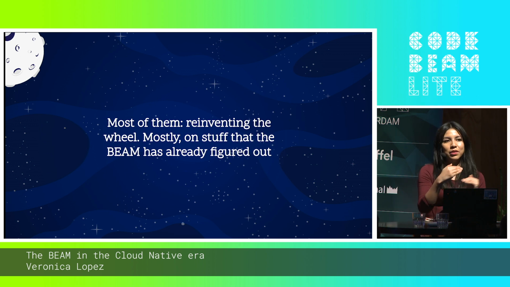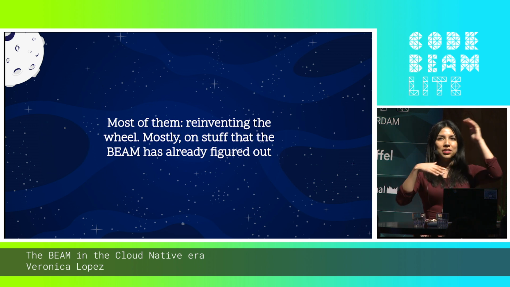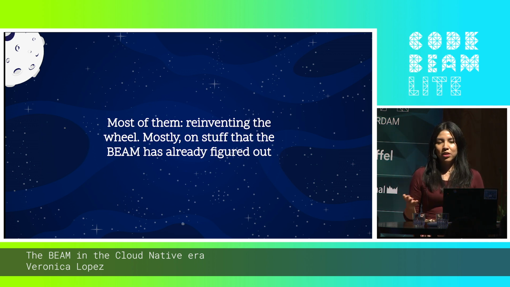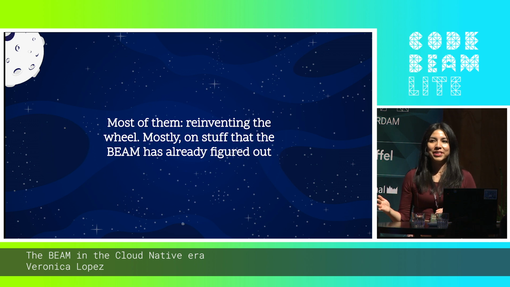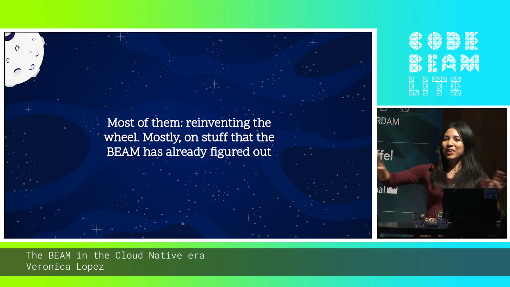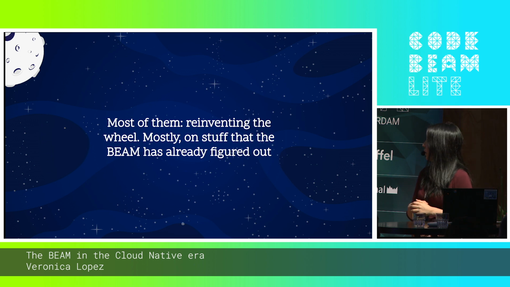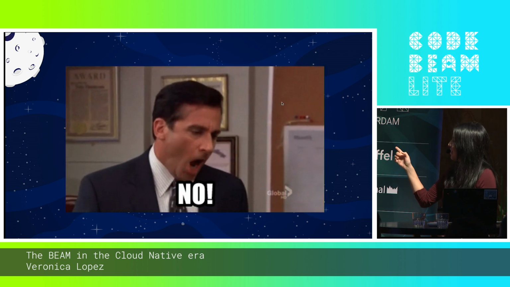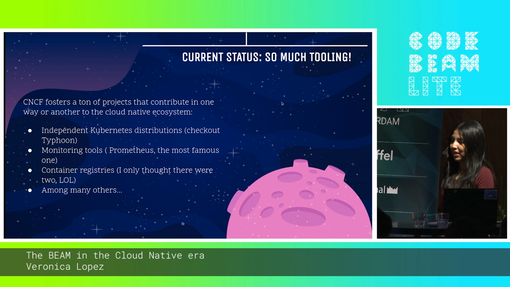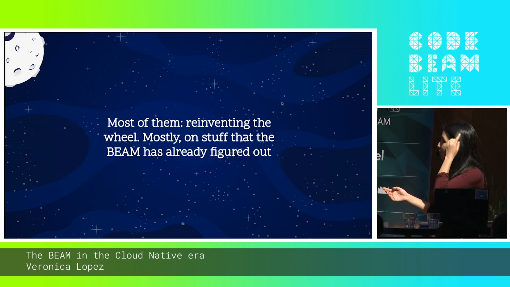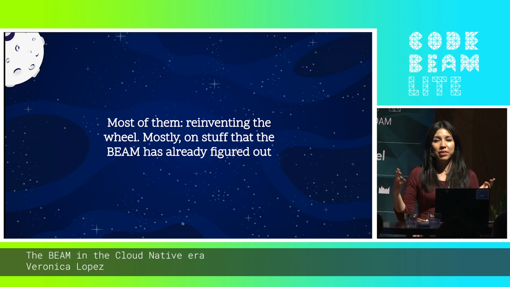But then you start adding resources because they will make your life easier. But at some point, you just wanted to deploy your website, and then you have all of this circus around it. So as I said, most of these tools are already things that the BEAM has, but they're sort of reinventing the wheel.